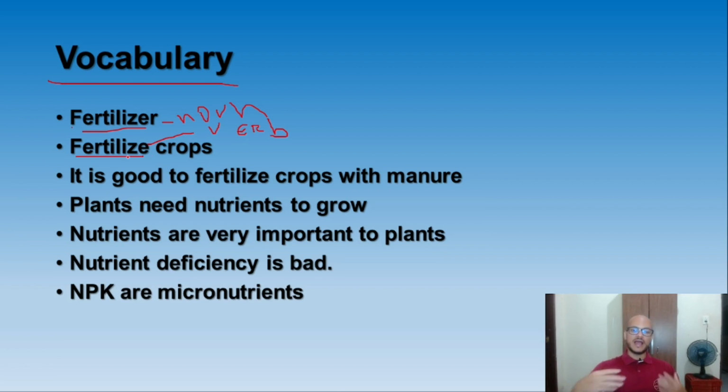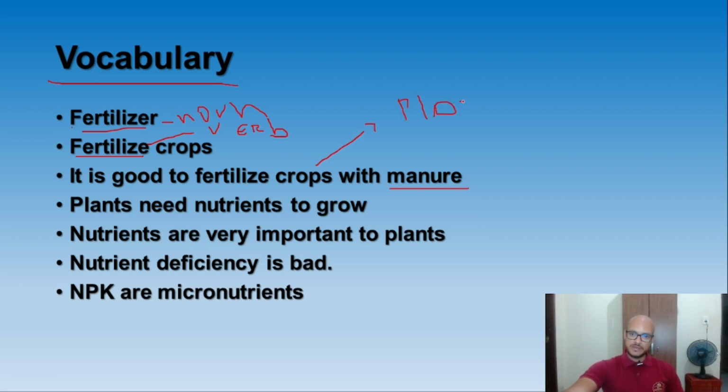So I say, I fertilize the crops. Okay, I fertilize the crops. So here, for example, it is good to fertilize crops with manure. Okay, manure. It is good to fertilize the crops with manure.